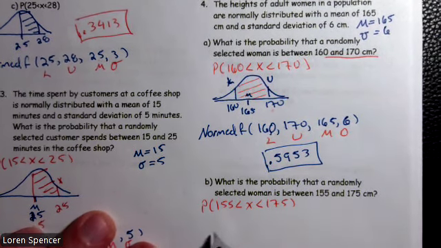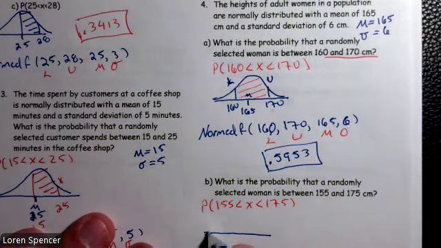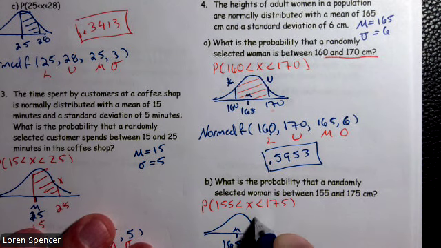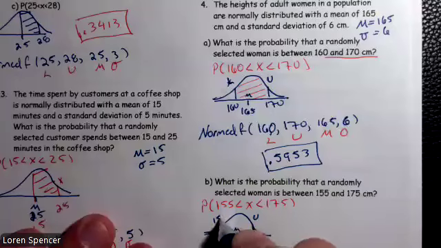My picture is going to look like this. 165 here, that's my mean. I have an upper of 175 and a lower of 155, and I'm looking for this area right here.